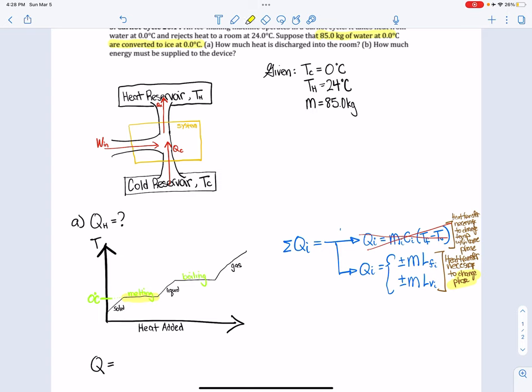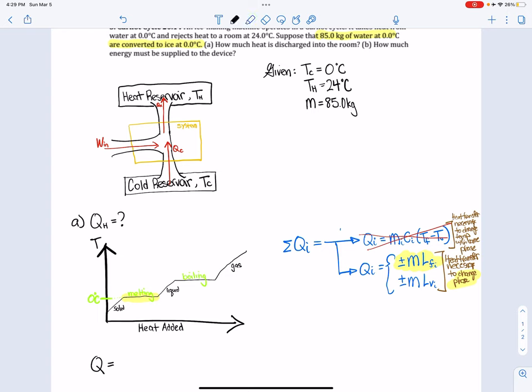Obviously, we would use the latent heat of fusion, this guy, because we're going from liquid to solid. So anything liquid to solid or solid to liquid, we use the top formula with latent heat of fusion. And anything dealing with liquid to gas or gas to liquid, we would use the latent heat of vaporization. So I'm going to use this guy since we're going from water to ice, or liquid to solid.